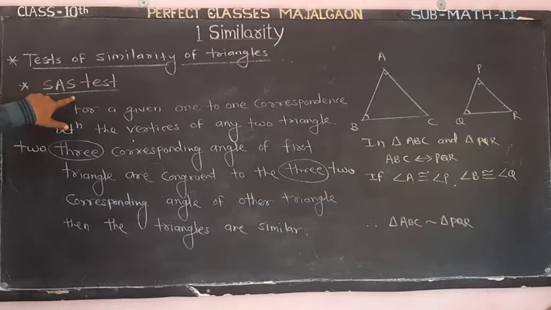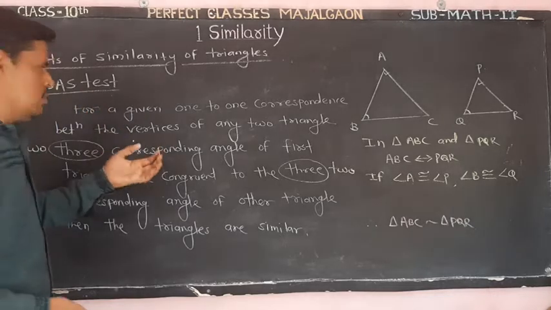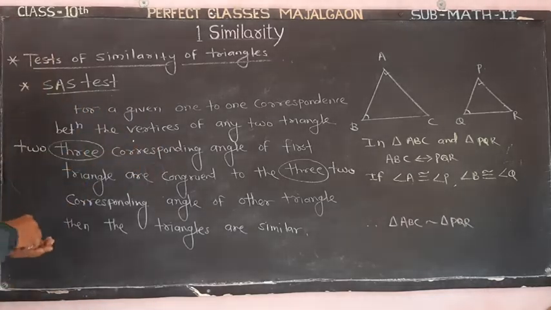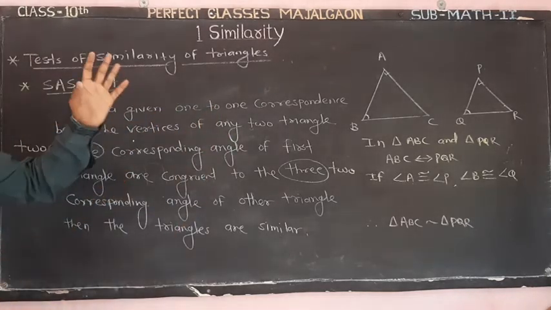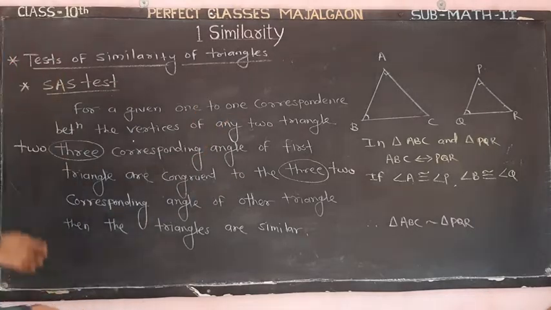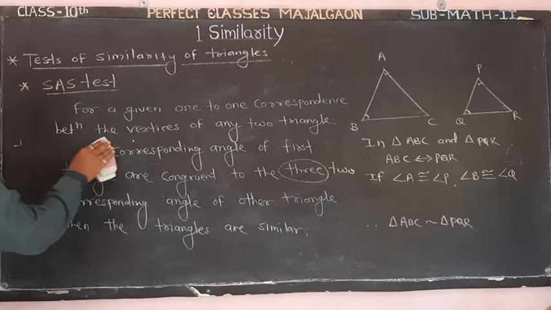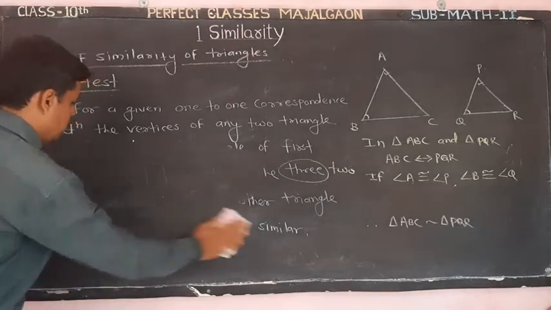Here two sides and one angle, and this angle is between these two sides. Therefore, we will write the test: for a given one-to-one correspondence between the vertices of any two triangles. The first sentence is the same for all. Here two corresponding sides.